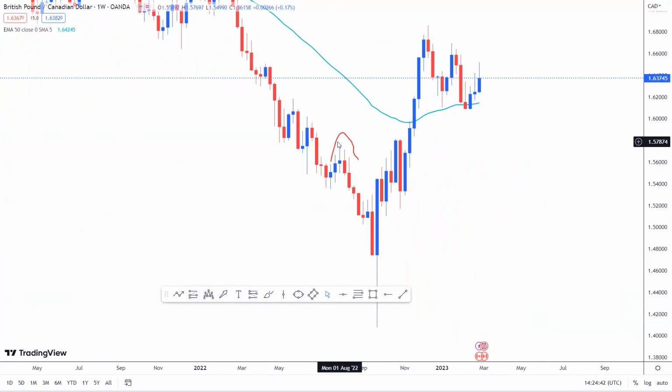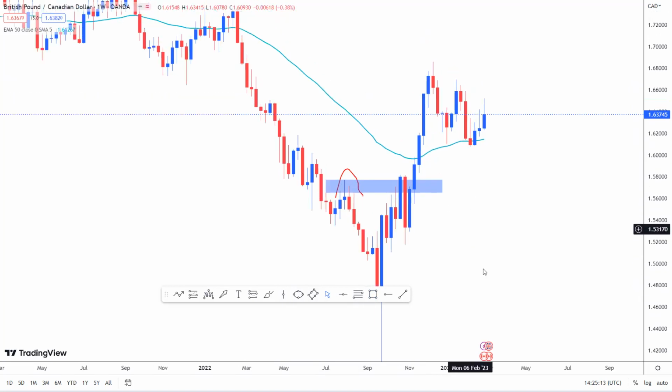So at this high, that led to what? This swing low. So for as long as we stayed below this swing high, we're very much in a bearish market structure. But we can clearly see we had a break of that previous swing high, shifting the market structure from bearish to bullish.